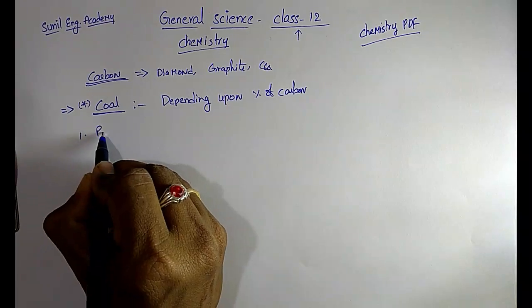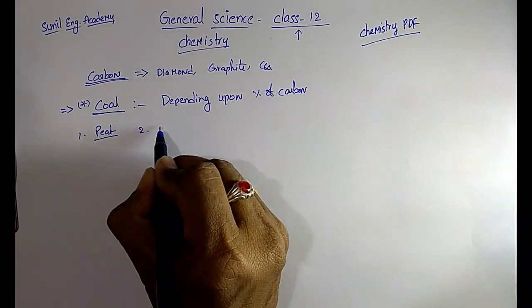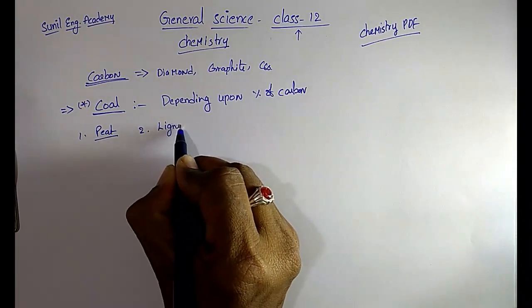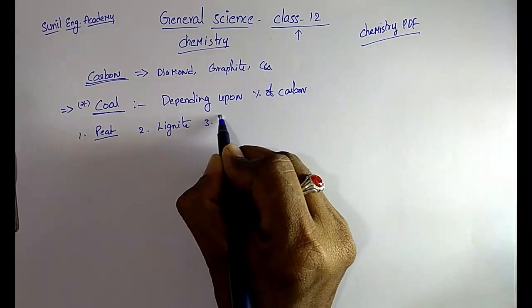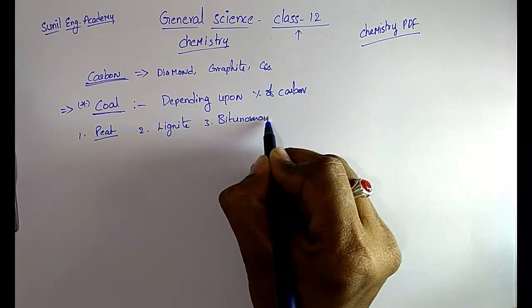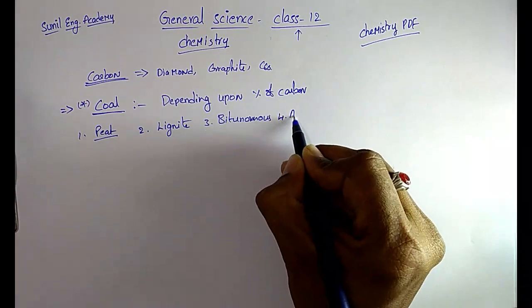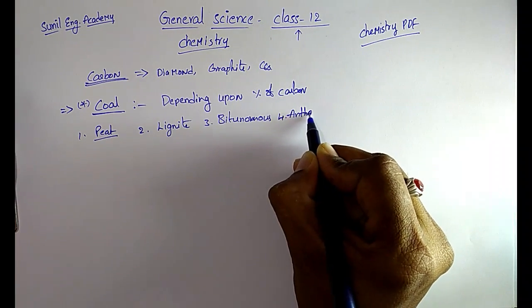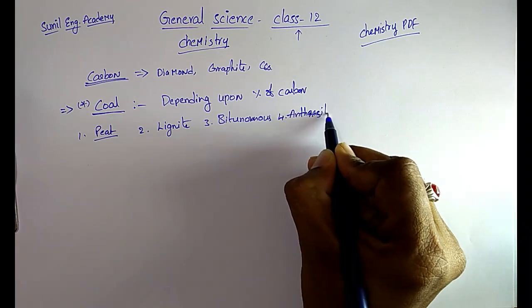The first one is peat, the second one is lignite, the third one is bituminous, and the fourth one, very important, is anthracite coal.